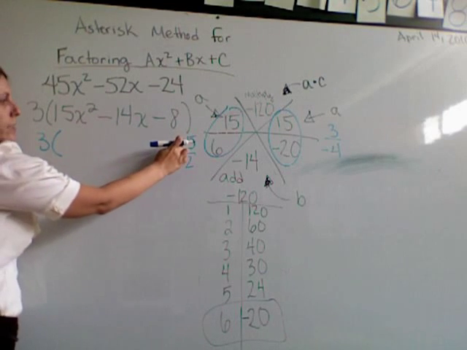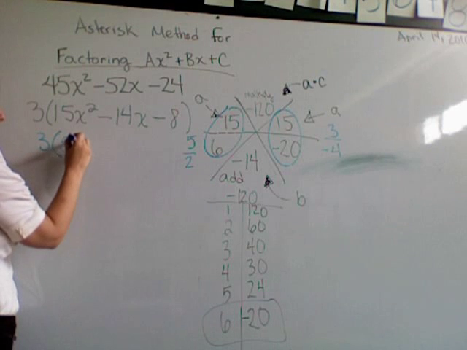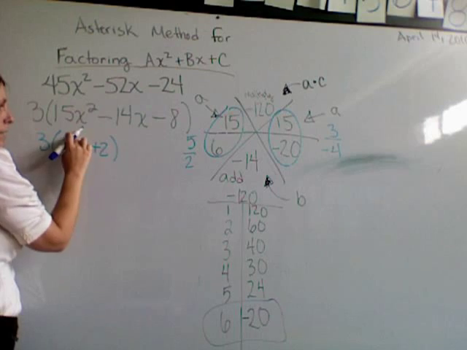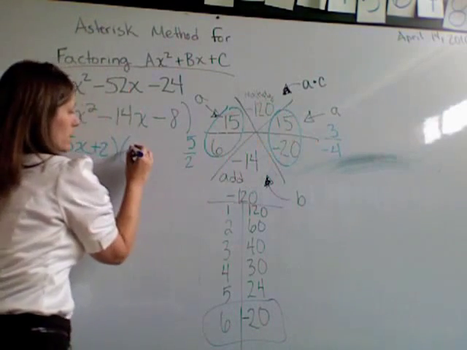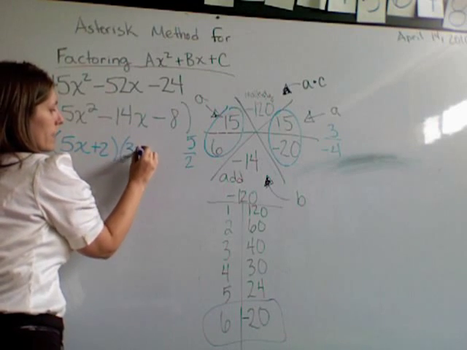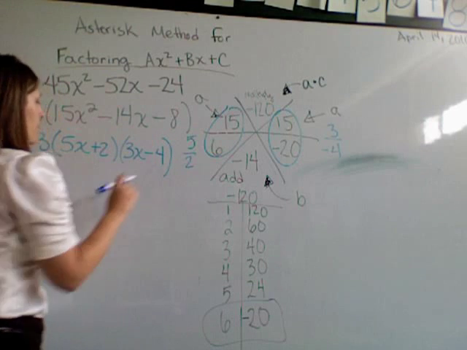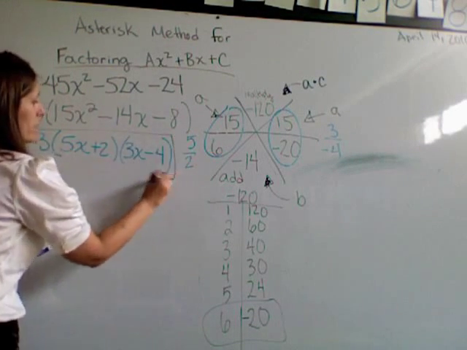My first factor comes from this 5 and this 2. I'm going to write 5x plus 2. The 5 goes by the x, the 2 comes next. My next factor will be 3x minus 4. And so here is my final factorization.